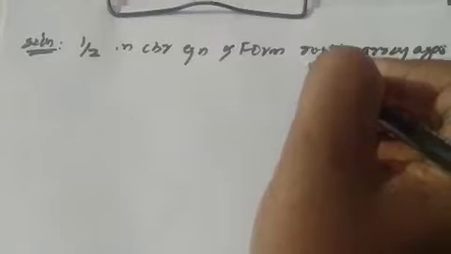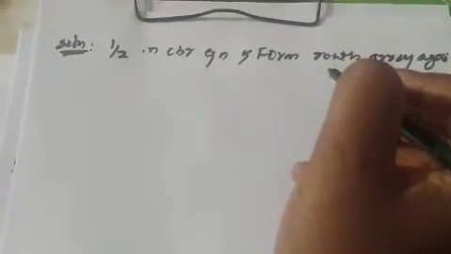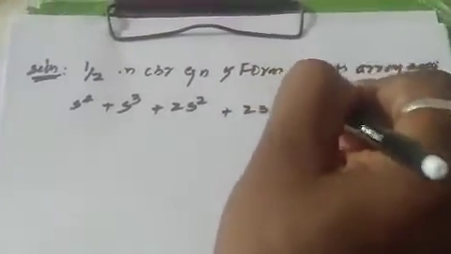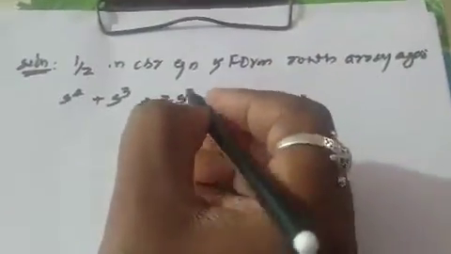I will take an example: s to the power of 4 plus s cube plus 2s square plus 2s plus 5 equal to 0. This is your given characteristic equation.